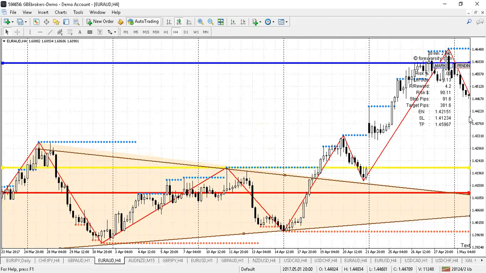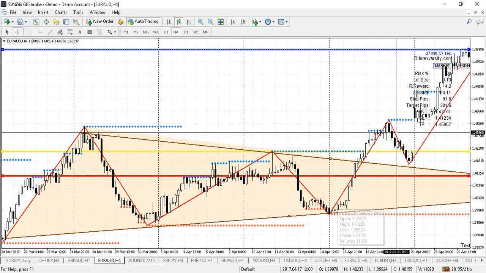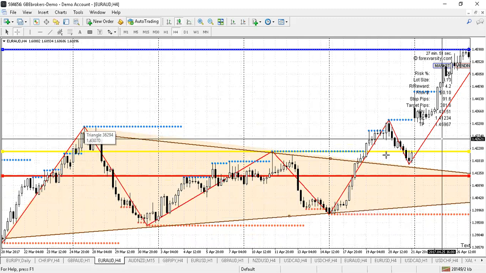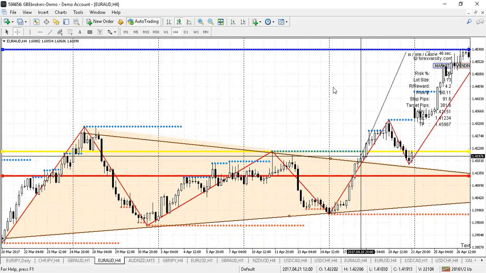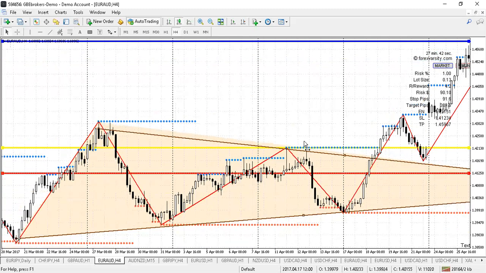So sometimes you see them and they can work out quite nicely, but it's all based on the triangle pattern and trading it up to the height. The height on the break is your target, and you can see how it would have worked very nicely on this occasion.